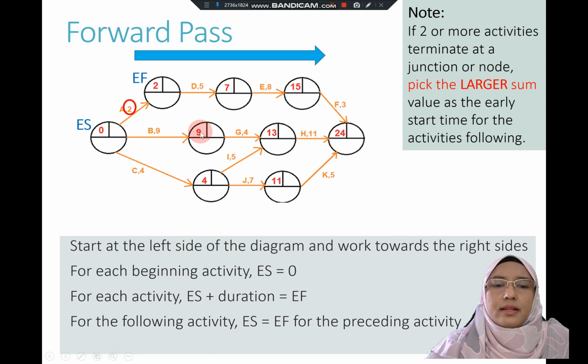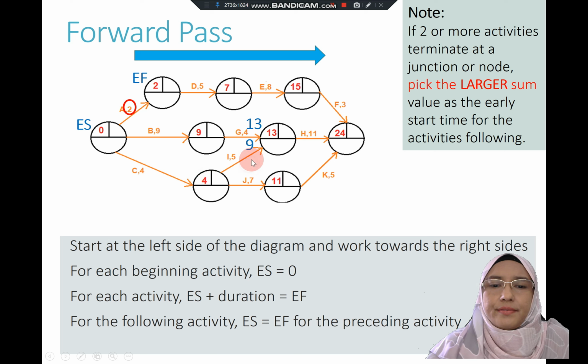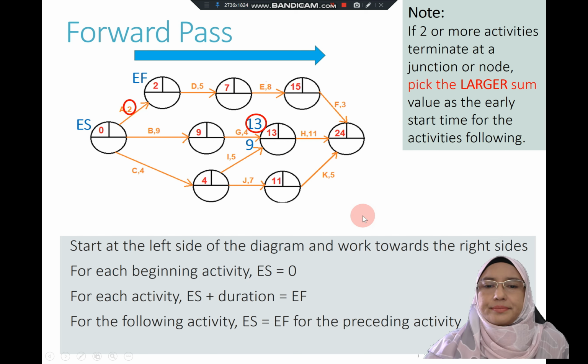For example, activity G, 9 plus 4 is 13. But you have to consider activity I, which is 4 plus 5, is 9. So the rule is you need to pick the larger number. In this case, you pick 13. So that is how you calculate the forward pass.